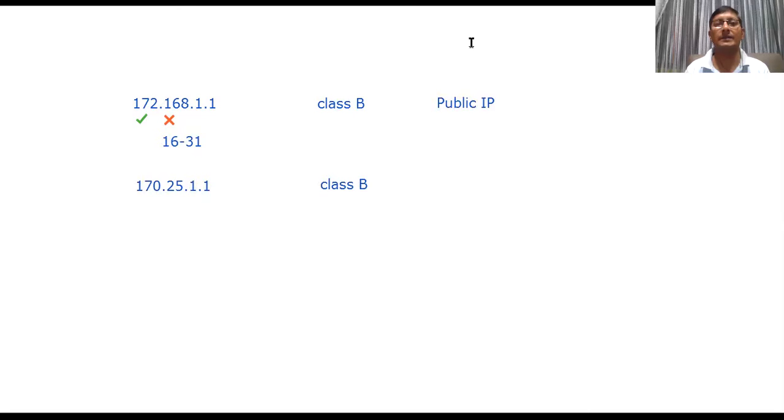If the first condition failed, you don't need to check the second condition. Many people look at the 25 and feel, okay, 16 to 31 is the range, so they call it a private IP address. But if the first condition fails, if it is not related to 172, you don't need to check the second condition. This is a public IP.